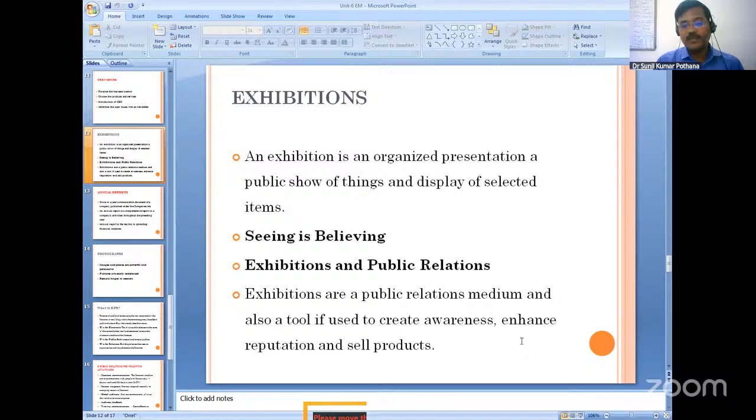Exhibitions are a publications medium and also a tool used to create awareness, enhance reputation, and also sell products. We see sometimes in newspaper advertisements or pamphlets, exhibition cum sale. Exhibition cum sale means it is a chance, an opportunity to sell their products in the exhibition. It is possible if we conduct exhibitions.